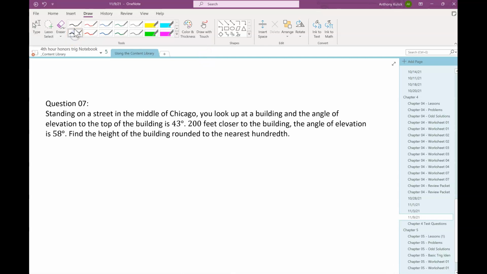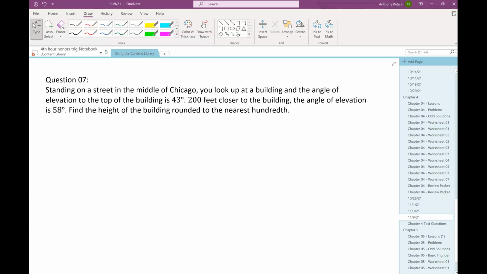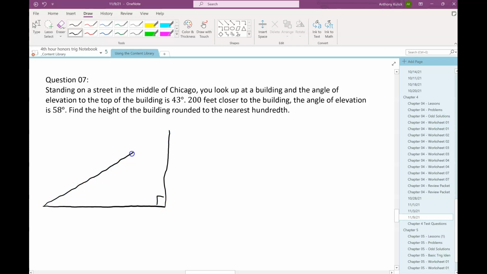Okay, so this is pretty similar to the stuffed animal question we just looked at a moment ago. So it says we're standing somewhere and we look up and the angle of elevation is 43 degrees. And then we go 200 feet closer.